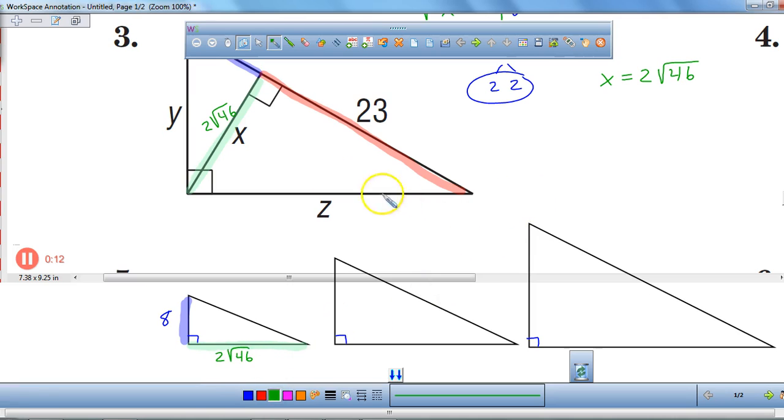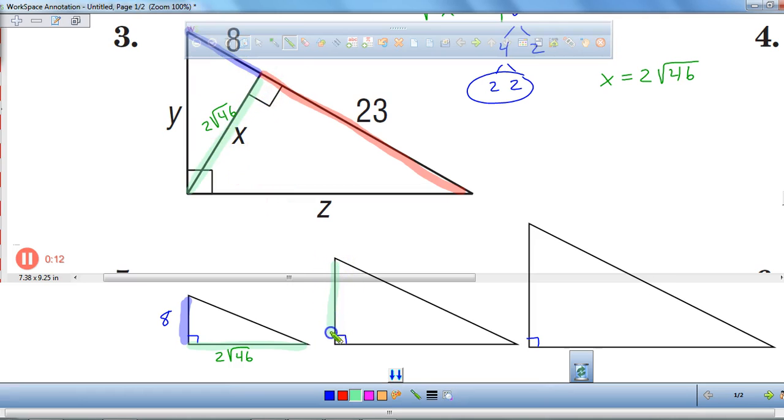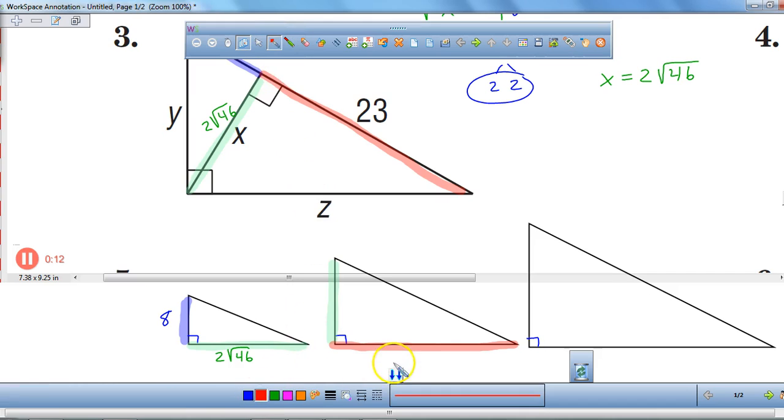And then over here, 2 radical 46 is actually the shortest leg in the medium triangle. This right here is the medium triangle. I'm tracing it right now. So if you're watching, you'll notice this right here is the medium triangle. And the middle leg is actually this distance all the way across. That's equal to 23.